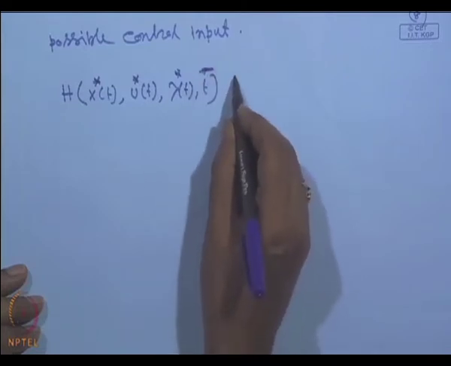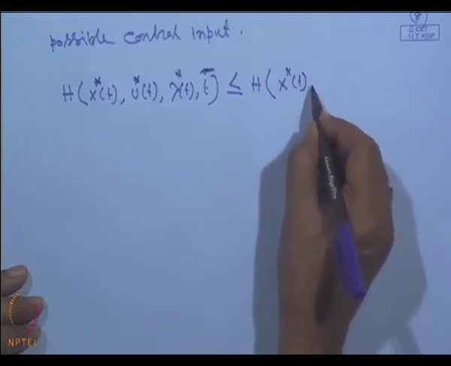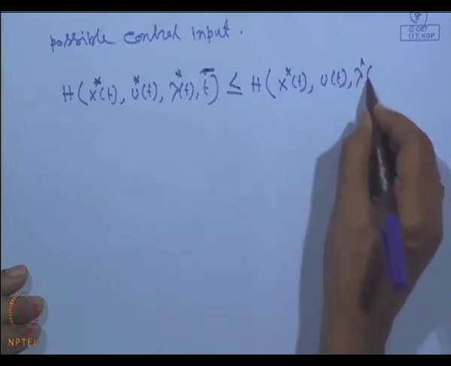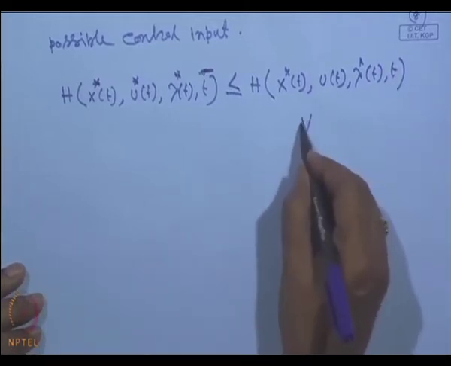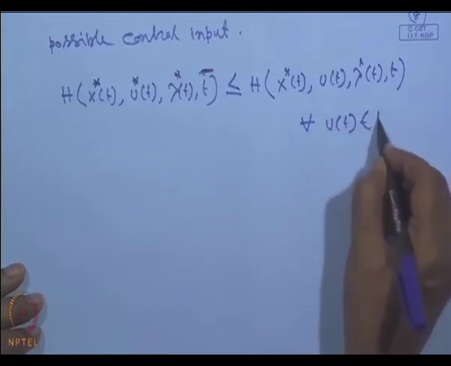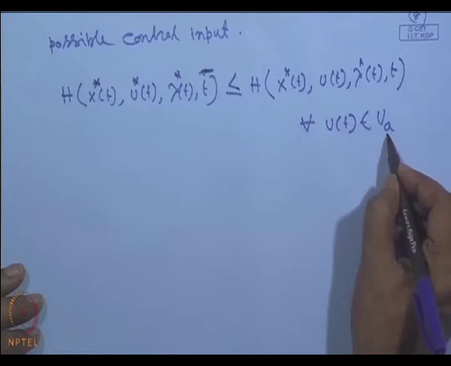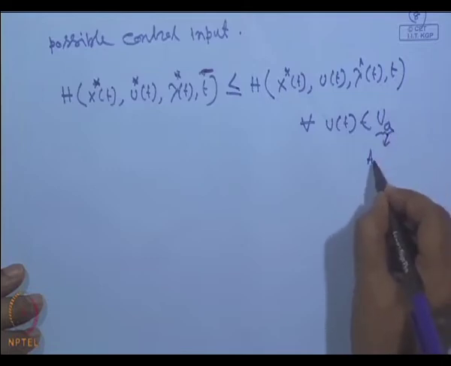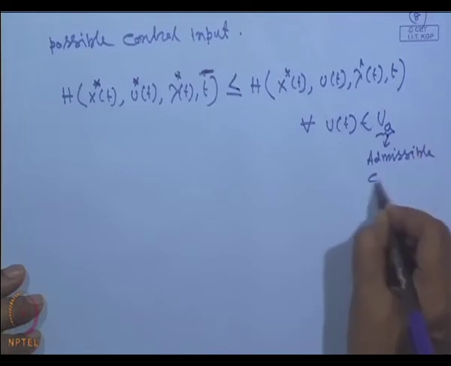This is not star, so H of x star of t, u of t, lambda star of t, t is less than or equal to H of x star of t, u of t, lambda star of t, t for all permissible input, that means u of t belongs to U A. A stands for admissible control.